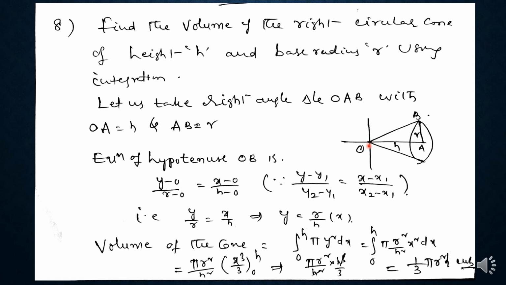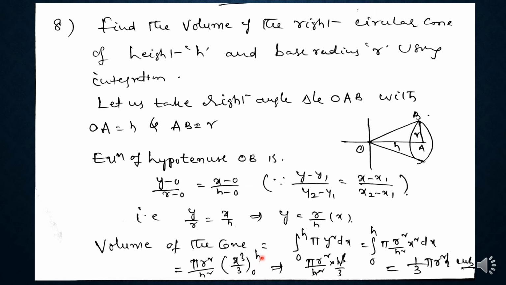So from x equal to 0 to x equal to h, pi y square dx, which equals the integral from 0 to h of pi into (r by h into x) whole square, that is r square by h square into x square dx. Here pi r square by h square is constant. So pi r square by h square into the integral of x square dx, which is x cube by 3, from 0 to h.